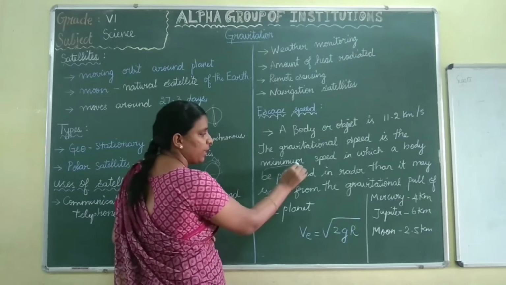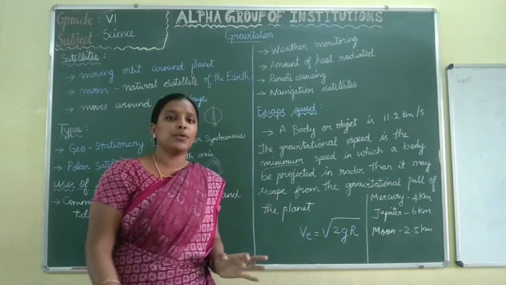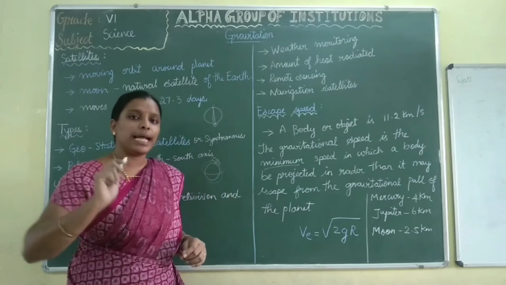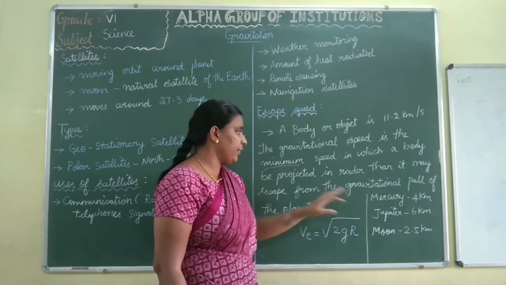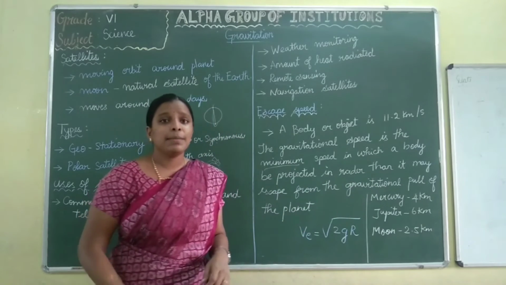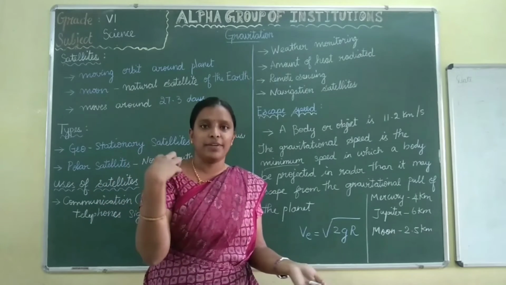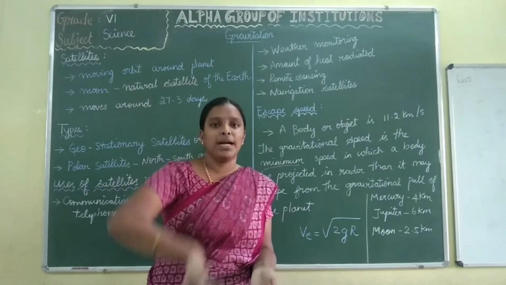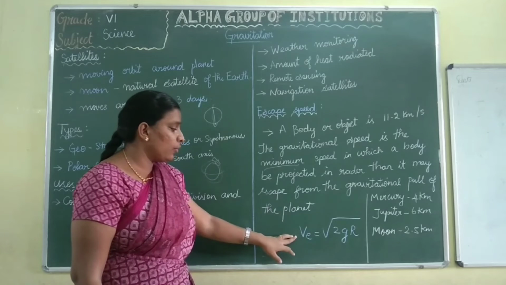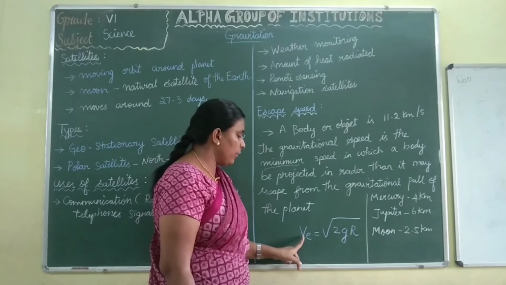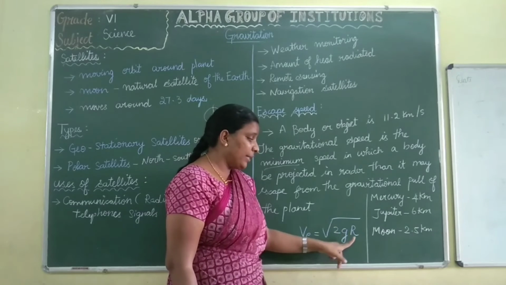It is the minimum speed with which a body must be projected, and at this speed or greater, it may escape from the gravitational pull of the planet. If I throw it slower, it escapes the earth's gravitational pull only partly, reaches the air and comes back to the same position. So this is called escape speed. They have given the derivation, where the escape velocity equals the square root of 2gR.